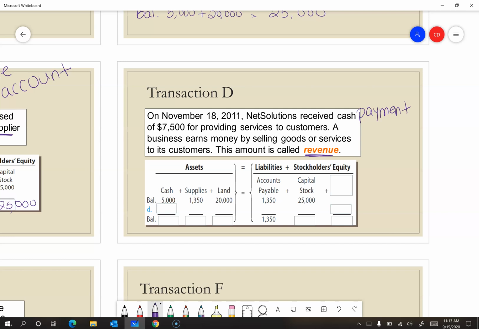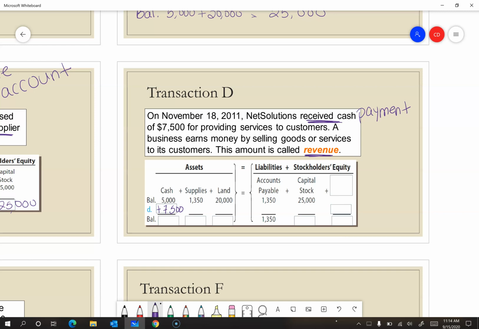There's different types of revenue. All right, so I'm going to go over those in a minute, but let's begin every analysis of the transaction like we do, which is cash changing hands? Yes, we are receiving cash. So we're going to have an increase to cash of $7,500. Whoops, that's too many zeros. There we go. And then we have an increase in revenue.